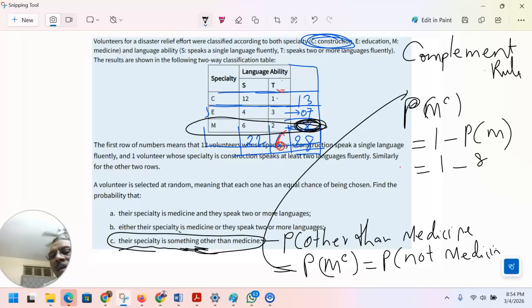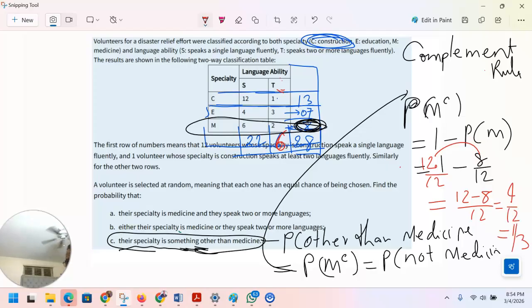So this is 8 out of 12, and you can multiply to get the same common denominator, and 12 minus 8 out of 12 gives you 4 out of 12, which is 1/3. Or you may also have done this. Sorry, I'm sorry, this will be 8 out of 28. So this is 28 and 28.